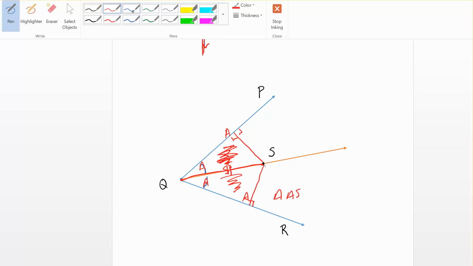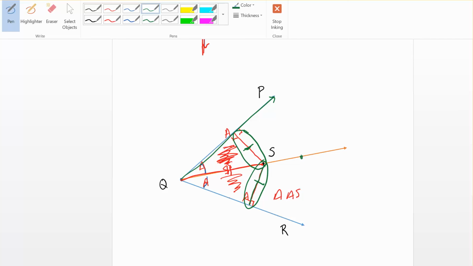And if the two triangles are congruent, that means all their corresponding parts are. So from S to this side PQ is the same distance as it is from S to the side QR. So these two lengths are the same. So it's a long way of getting there, but any point that's on the angle bisector is the same distance from each side.